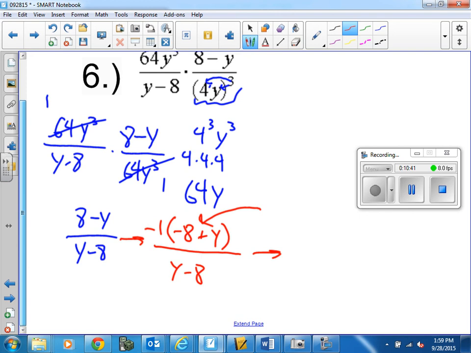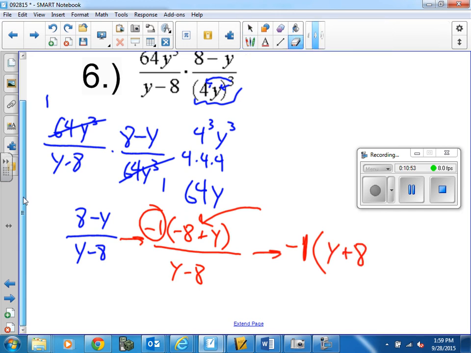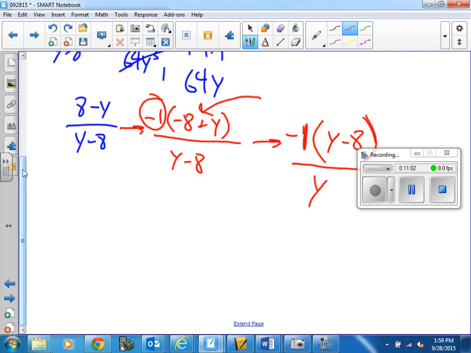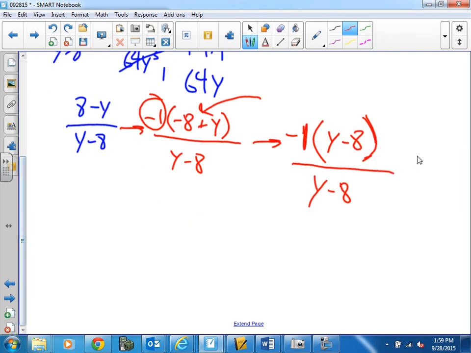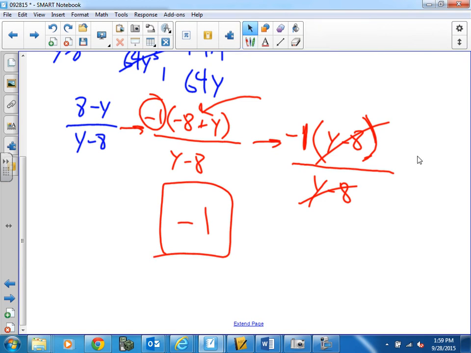So now I keep my, don't forget your -1, that's still a factor you brought out, so it's a -1 times y minus 8 all over y minus 8. So now we can go ahead and cancel, and we're left with -1. There we go. That's our answer there.